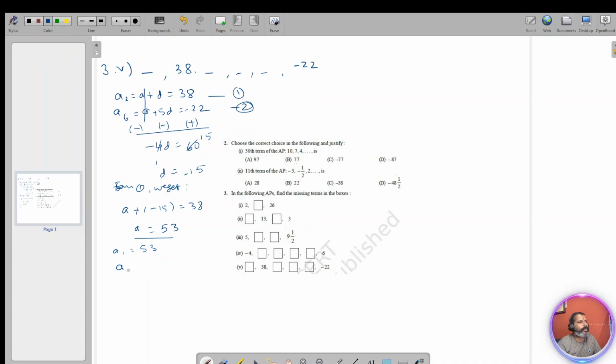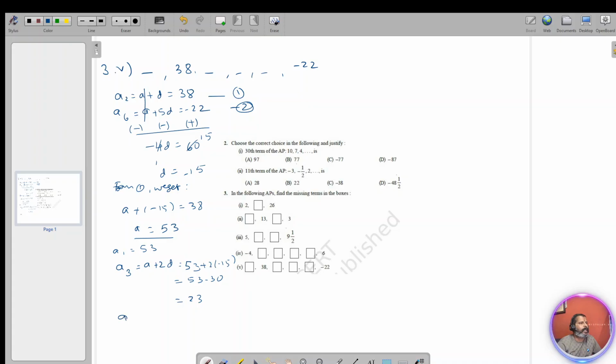A2 they have given. A3 is A plus 2D. A is 53, and 2 times D means 2 into minus 15. That is 53 minus 30, which becomes 23.